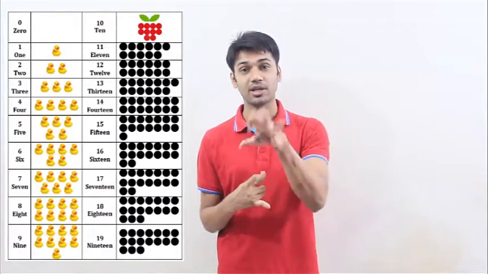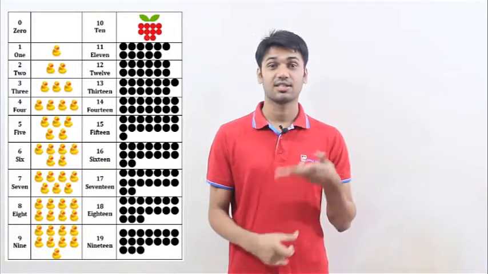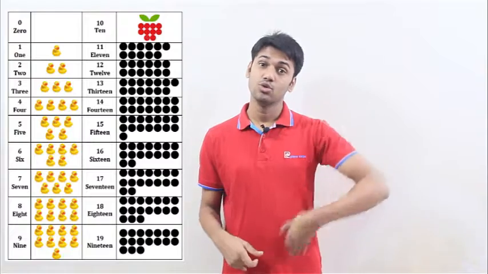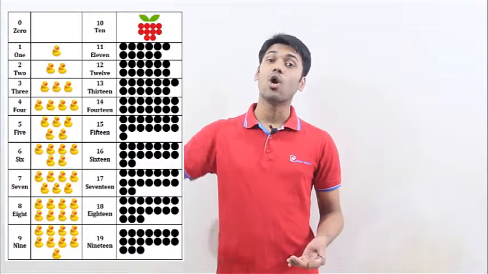You first teach them the numbers 1, 2, 3, 4, 5, 6, 7, 8, 9, 10, 11, 12, 13, 14, 15, 16, 17, 18, 19, 20, 21. You just go through the whole number first.